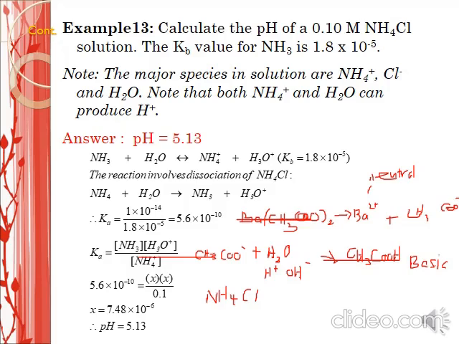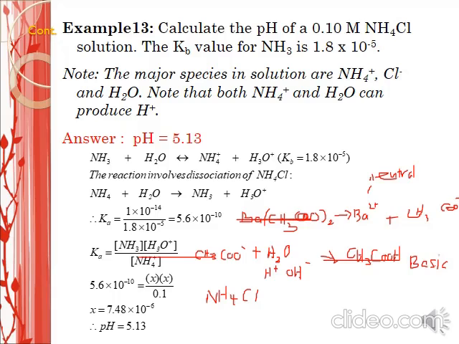So H3O plus will lead to a lower pH, so it will become acidic because of the lower pH. Go to the previous slide with the example of NH4 plus adding H2O. So therefore this salt would be acidic.